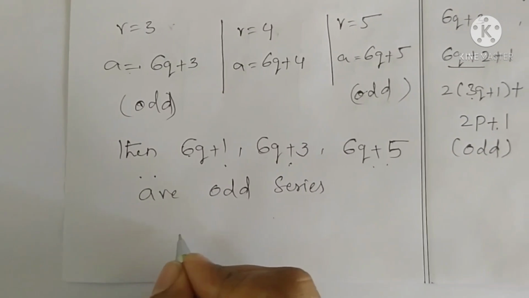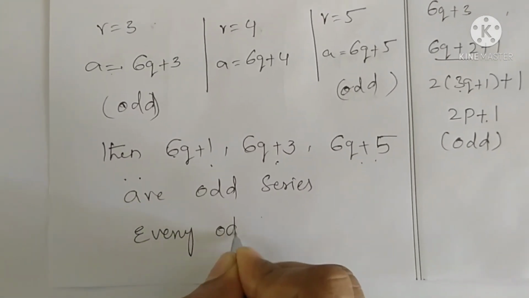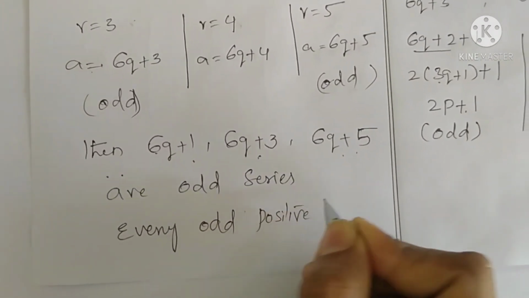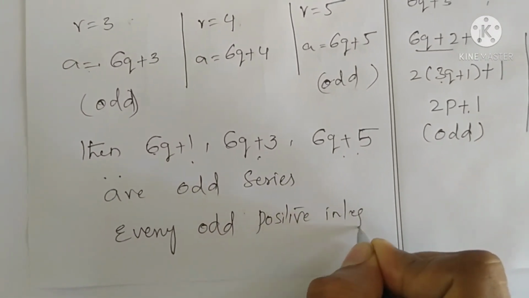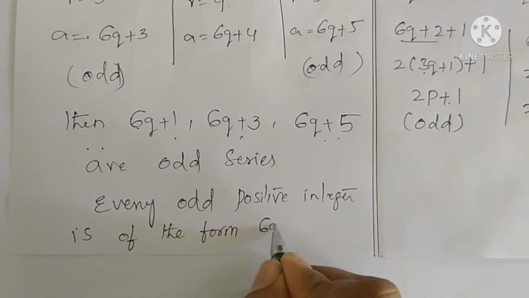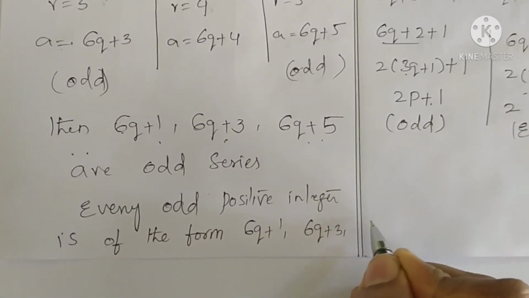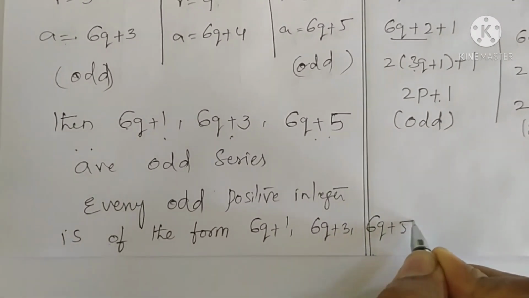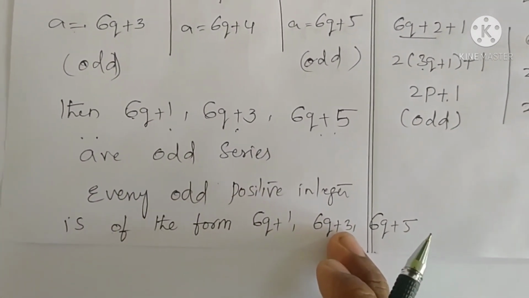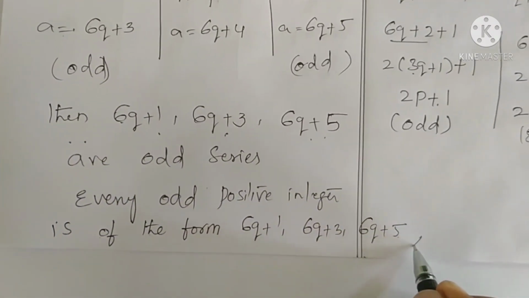Now we can state that every odd positive integer is of the form 6q plus 1, 6q plus 3, 6q plus 5. So hence proved.